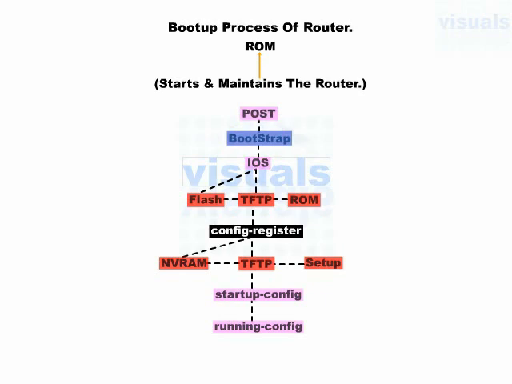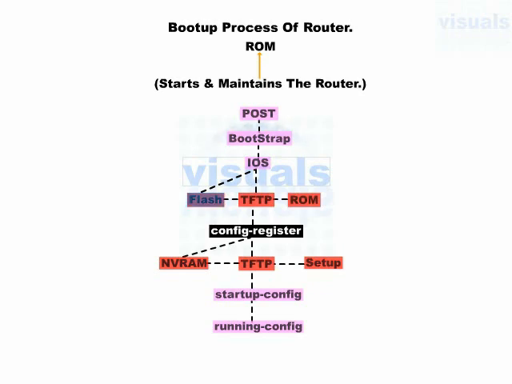A valid IOS image is located under this process. The IOS image is located in flash memory. If there is no IOS image in flash memory, then it is located on a TFTP server. If this step fails, then finally mini IOS is loaded. Here a valid IOS image is found in flash memory.